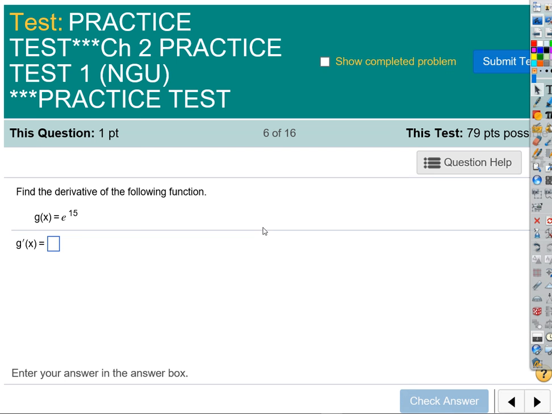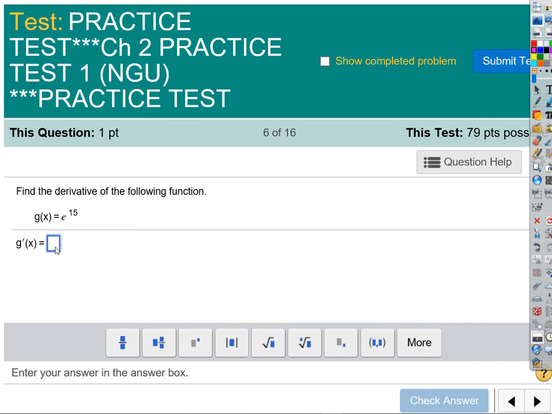That's equivalent to asking the question, what would be the derivative of pi squared? Pi is just a constant, so the derivative of any constant is always 0. It's tricky because it makes it look like it's a power function, but it's not. It's just a constant, so the derivative is just 0.